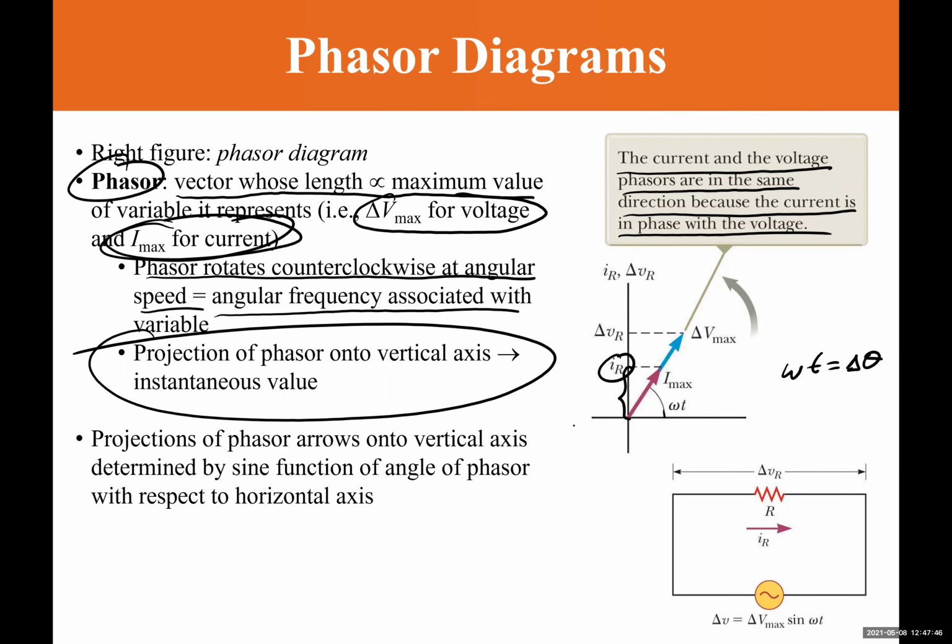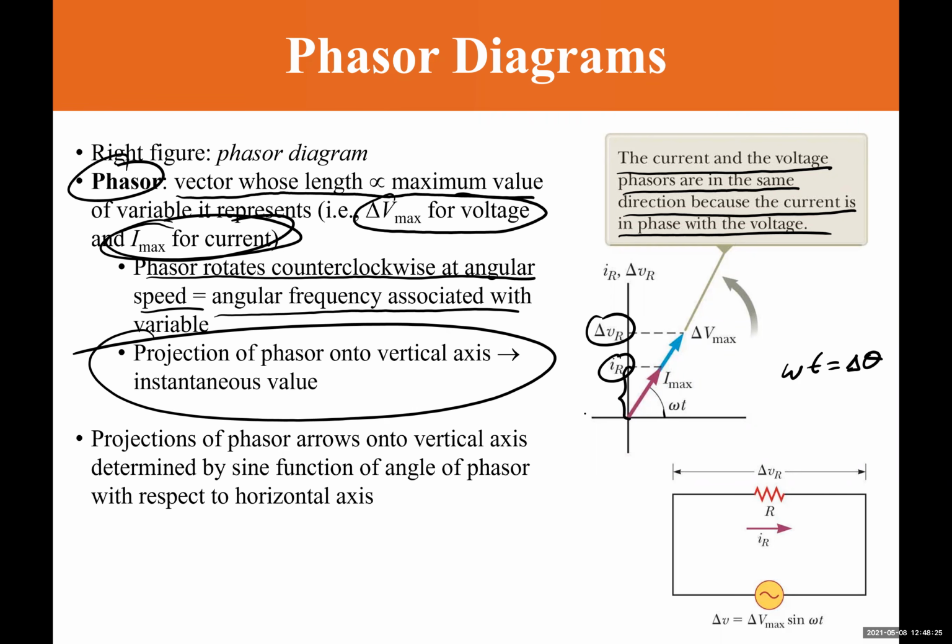So this will be your value of the i_R. This will be your value of delta V_R. That means instantaneous voltage and instantaneous current. All right, so again, these phasor diagrams are basically a tool that sometimes allows you to easily calculate some unknown values, because this is a geometric approach, and sometimes it's just easy to do some vector calculation, which you will see especially for the inductor, capacitor, or combination circuits.